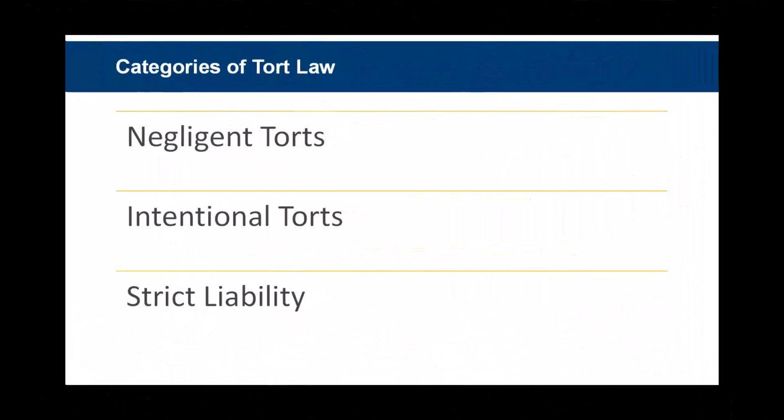In this slide, we're exploring the three main categories of tort law: negligent torts, intentional torts, and strict liability. Understanding these categories is crucial for anyone involved in healthcare management, as they help ensure that ethical and legal standards are maintained in patient care and organizational practices. 1. Negligent torts.